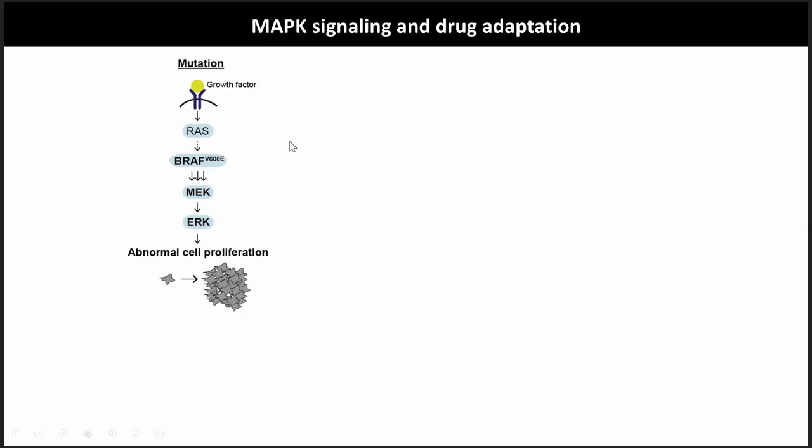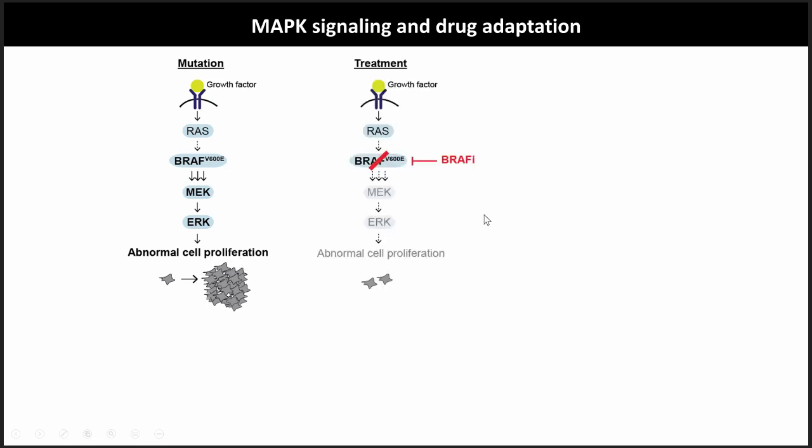So, of course, proliferation is driven by the MAP kinase pathway, RAS, RAF, MEK, and ERK, which drives cell cycle entry. And over 50% of melanomas are driven by an activating mutation in the BRAF kinase, which drives hyperactive cell proliferation. About a decade ago, some great BRAF inhibitors came on the market, which very effectively block proliferation from this mutant oncogene.